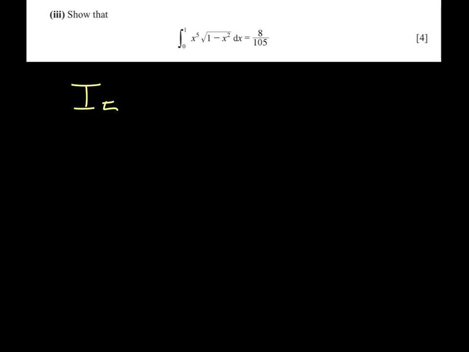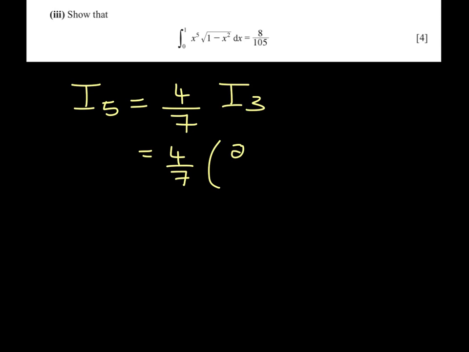So we've been asked to work out I5, which is (n minus 1) over (n plus 2) I n minus 2, which will then be 2/5 I1.